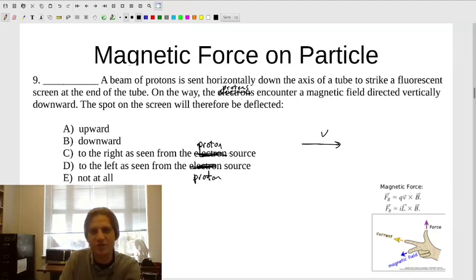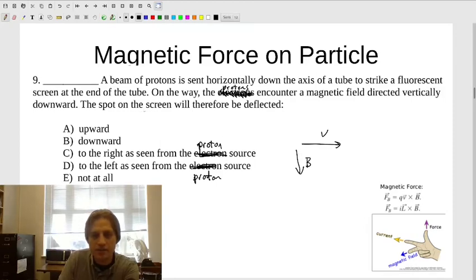I changed it to protons because I don't want to add in an extra layer of complication here when we're just practicing. Okay, so on the way, the protons encounter a magnetic field directed vertically downward. So our B is down. So this is the V going over here, and our B is going down.